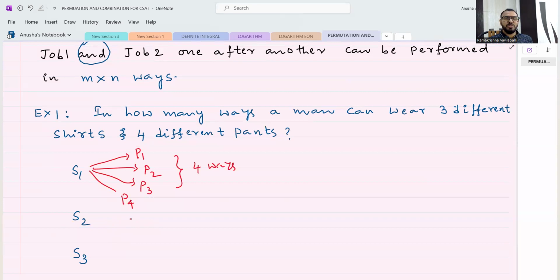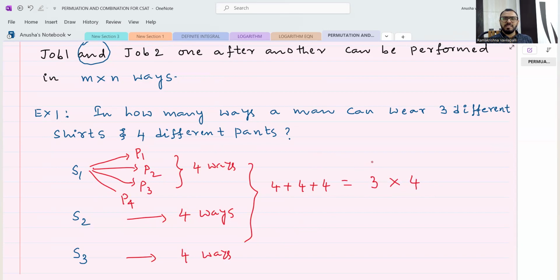Similarly, here also there are 4 ways. Suppose you wear shirt 2, you can wear any one of the 4 pants. For S3 also 4 ways. So you can choose the first case or second case or third case. All right, so totally 4 plus 4 plus 4, that's equal to 3 into 4.